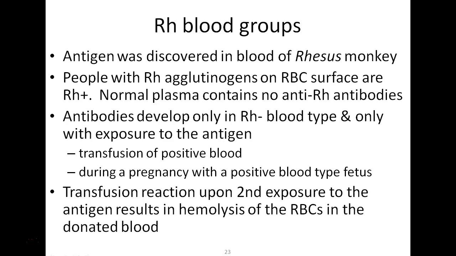The presence or absence of this Rh surface antigen, also called an Rh factor, determines a person's Rh blood type, in other words, positive or negative. The presence of the Rh factor classifies a person as Rh positive, whereas the absence of the Rh factor classifies a person as Rh negative.